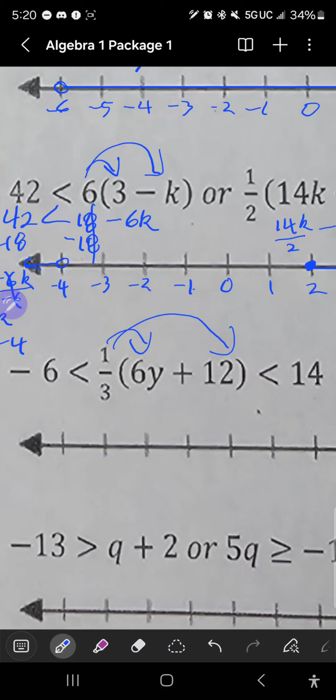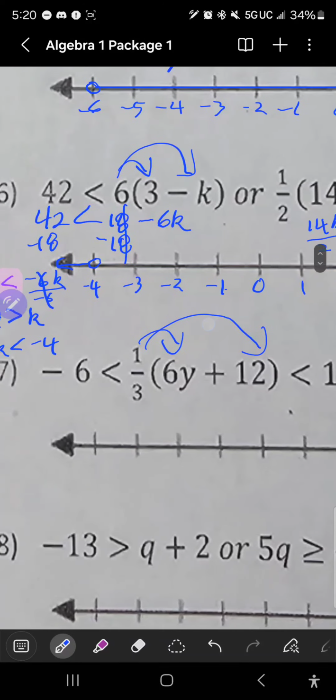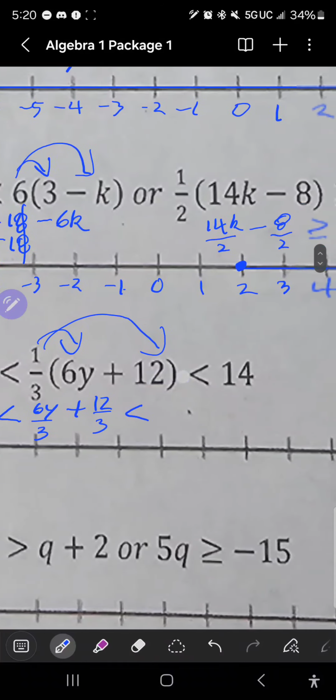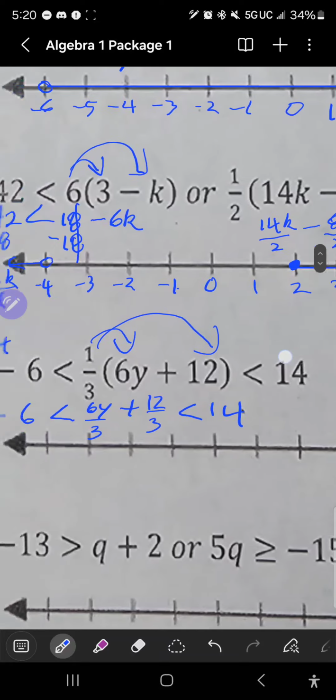Since there is no visible number, we know that it's 1, so we keep the sign for now. We have negative 6 less than 6y over 3, since 1 times 6 is 6 and 3 times 1 is 3, plus 12 over 3, since 1 times 12 is 12 and 3 times 1 is 3. And this is less than 14.